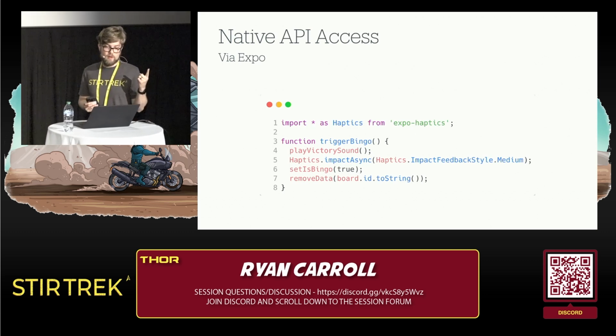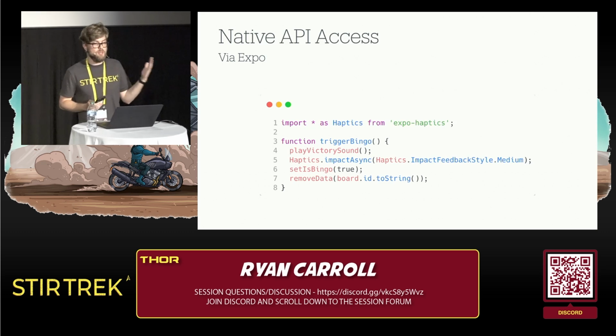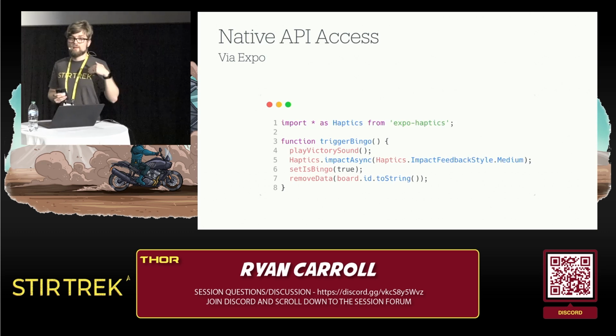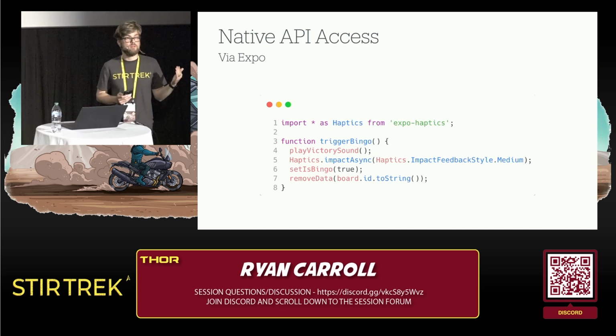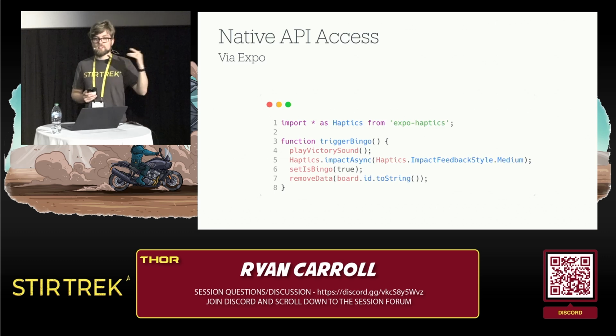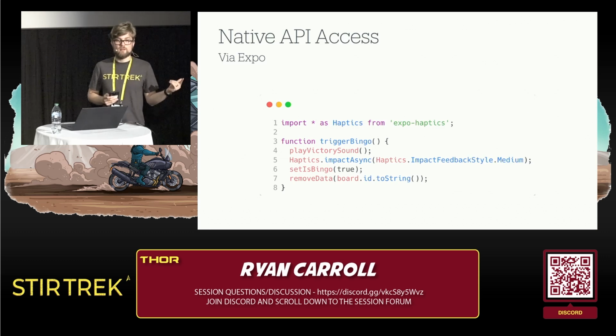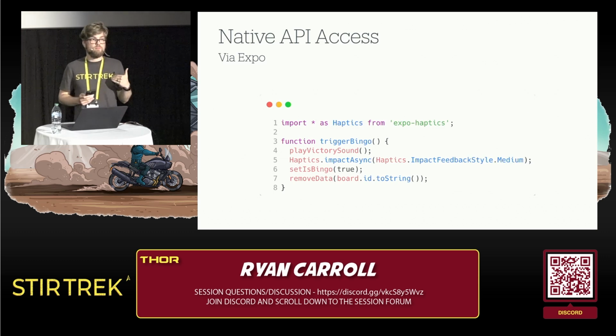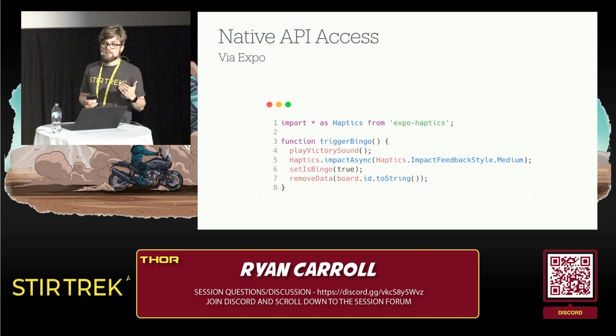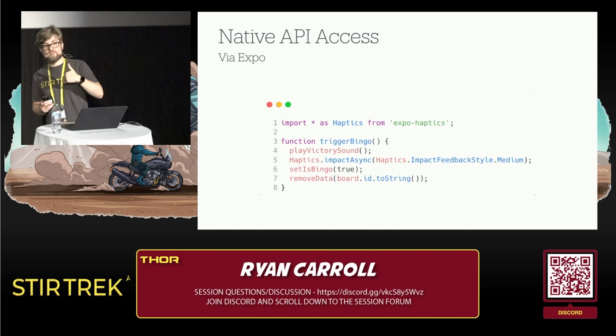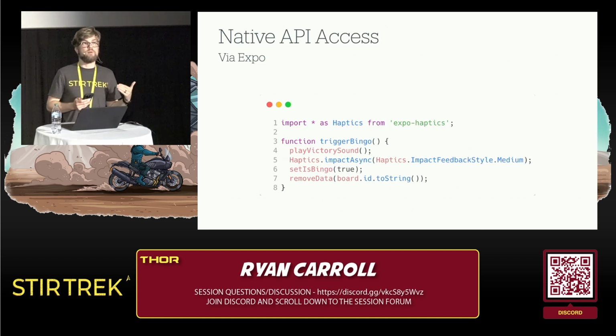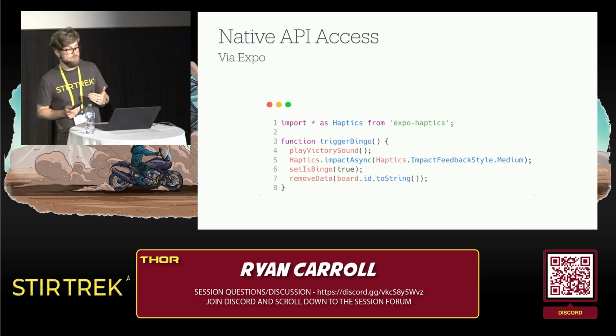And then on line 5, I'm initiating a vibration to the device. So all I had to do was install that library to my project, import it, and use it. Very, very simple and easy to do. And that's functionality that comes from Expo that isn't built into React Native.